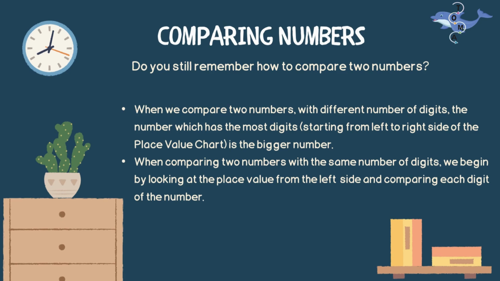When we compare two numbers with different number of digits, the number which has the most digits, starting from left to right side of the place value chart, is the bigger number. When comparing two numbers with the same number of digits, we begin by looking at the place value from left side and compare each digit of the number.